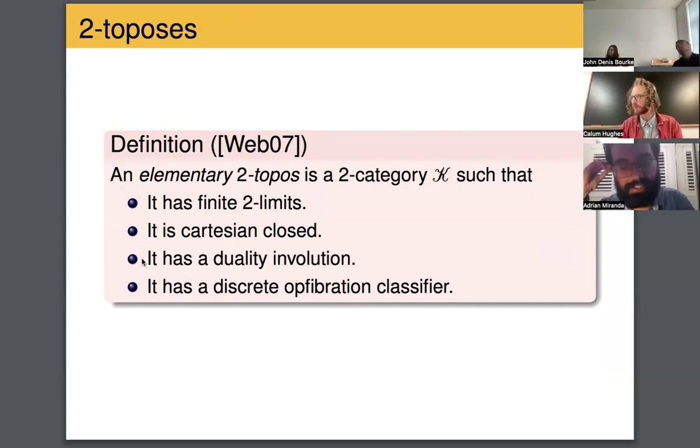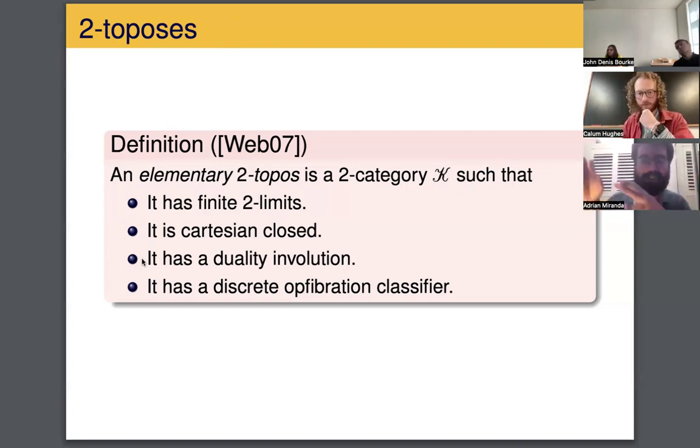I'll just say something very briefly. Obviously, two-categories of the form Cat E have this duality involution by just sending a category to its opposite category. However, two-categories of two-dimensional presheaves on a two-category are definitely Grothendieck two-toposes, and you can look at sheaves as well, but just presheaves even for now.